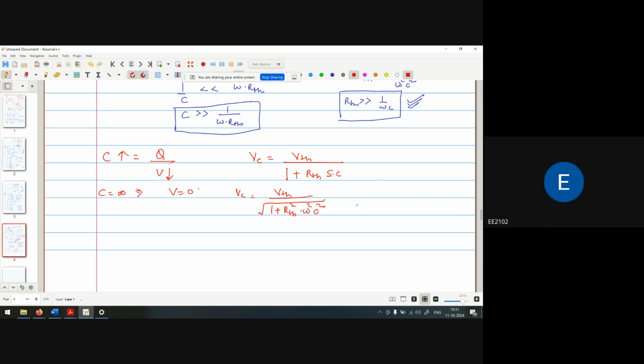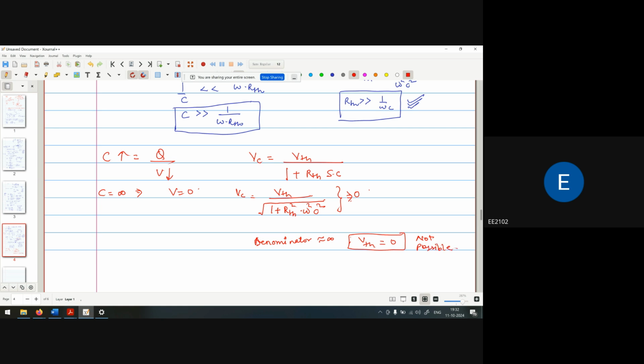Now this value should be 0 when the denominator is very high or infinite. Why? Because VTH being 0 is not possible.